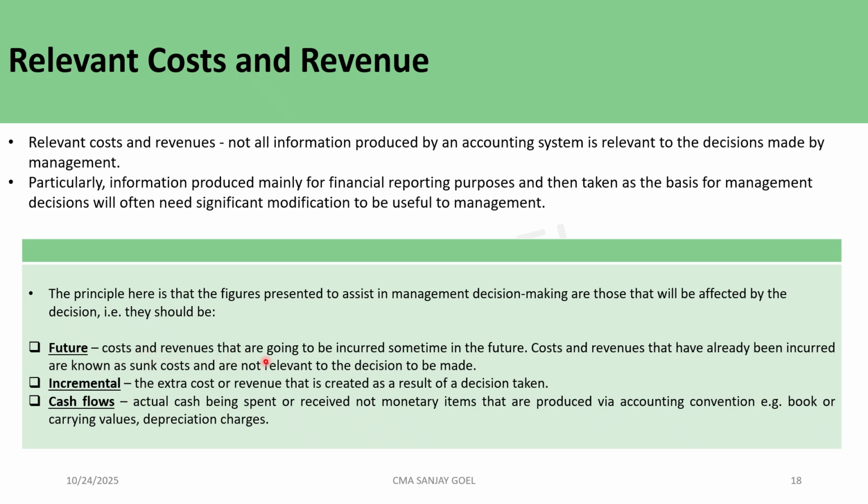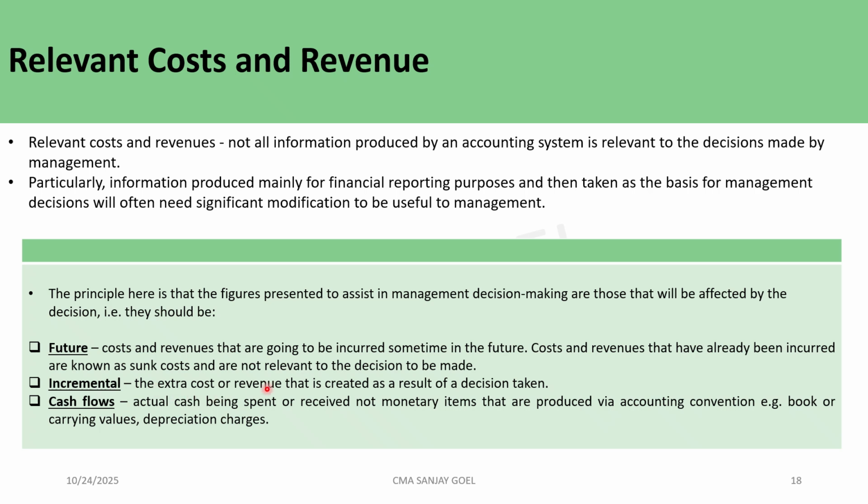Costs and revenues that are going to be incurred sometime in the future are relevant. Costs and revenues that have already been incurred, known as sunk costs, are not relevant to the decision to be made. If we have already incurred any cost, it is not relevant for future decision making.